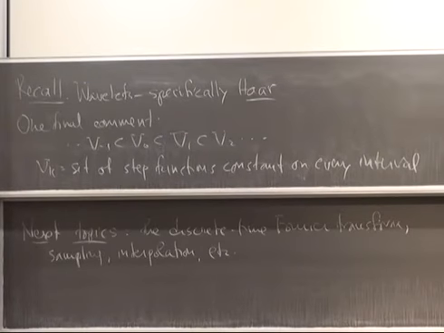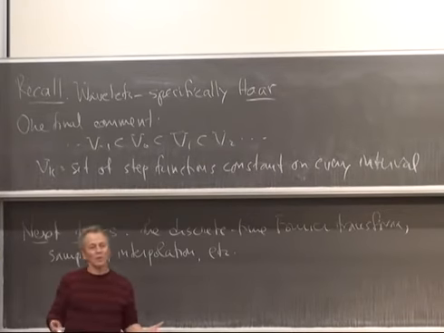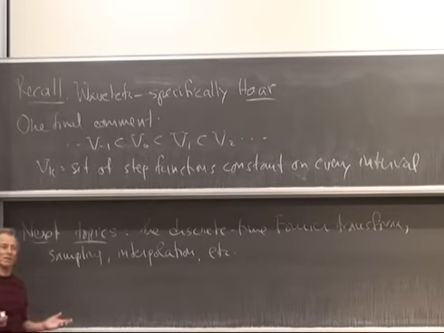So anyway, what about the discrete-time Fourier transform, sampling, interpolation, etc.? The continuous time Fourier transform, we started off with that as a vehicle for understanding what frequency content means for an arbitrary continuous time signal.